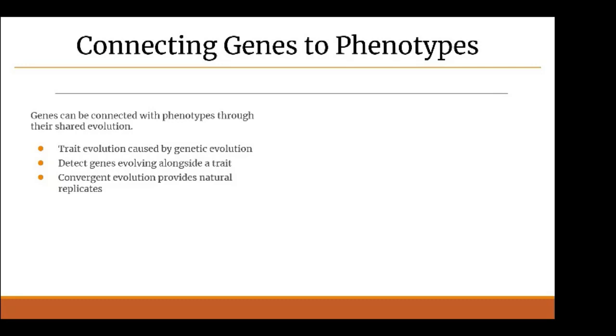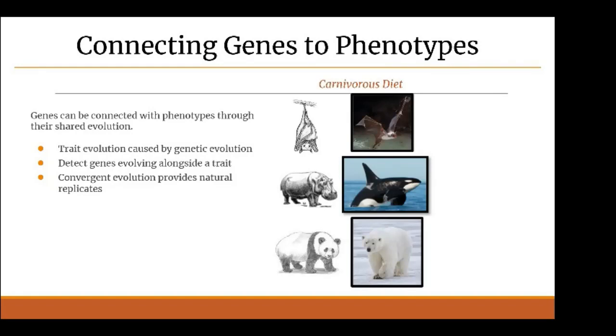This is because convergent evolution provides natural replicates, where we see the same genes evolving separate times in different species. So, for instance, if we see something evolving in fishing bats, but not fruit bats, orcas, but not hippos, and polar bears, but not panda bears, we can be fairly confident that that signal is due to being a carnivore, as opposed to being, say, an orca.